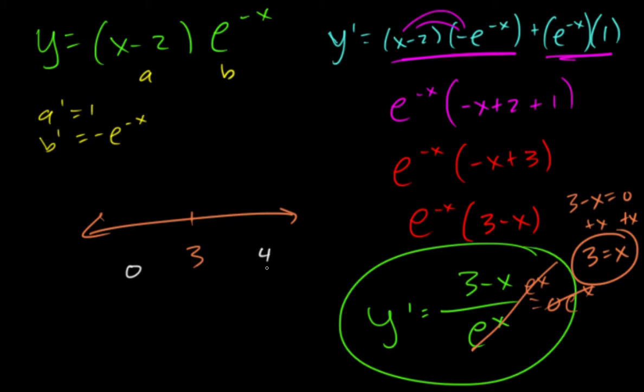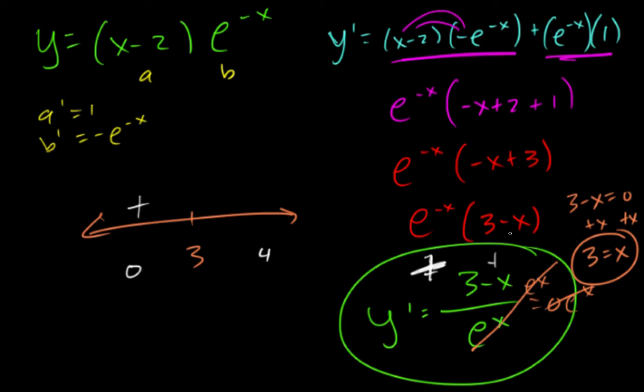If we plug in 0 here, we're going to get just a 1. If we plug in a 0 here, we're going to get 3 minus 0, and so that's positive. Positive times positive is positive. If we plug in a 4, e to the negative 4 is still a positive value.